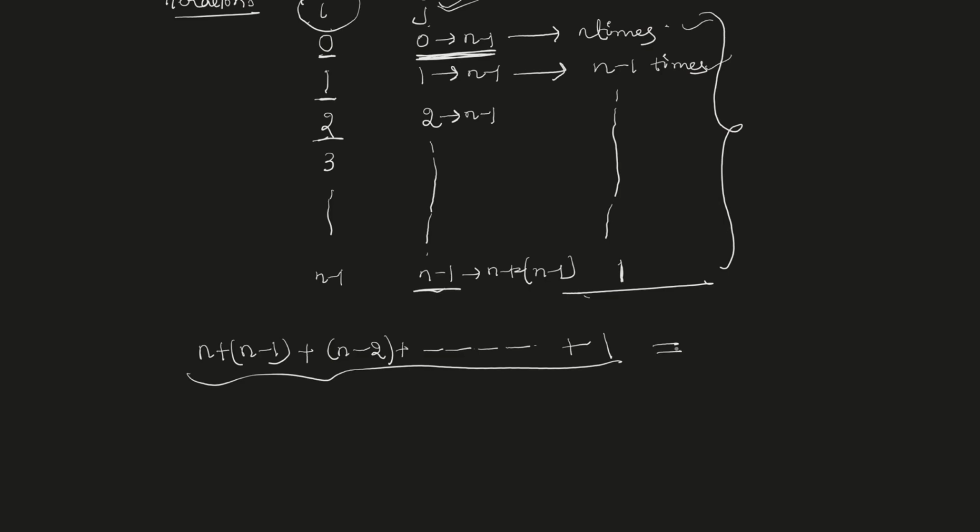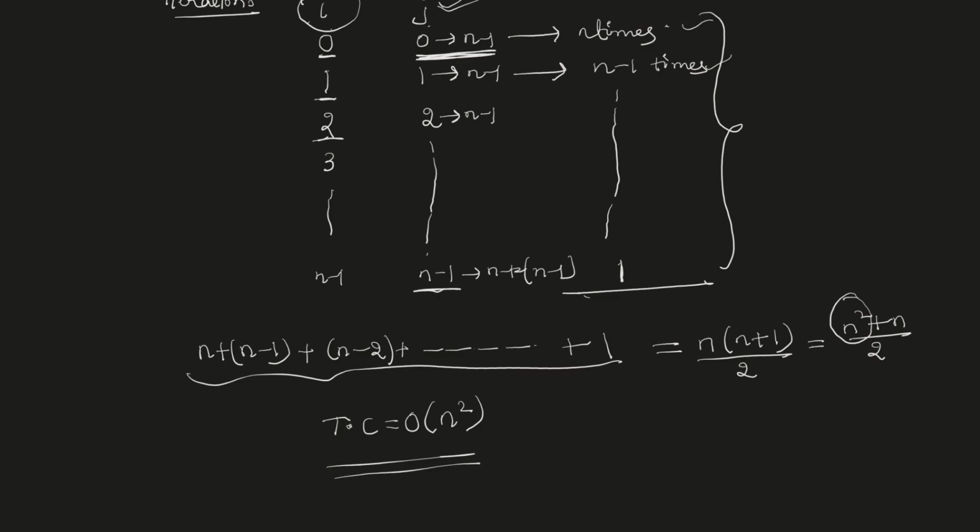And we are familiar with the formula, that is n into n plus 1 by 2. It comes out to be n square plus n by 2. Since we need to consider the highest power, so the highest power is 2 obviously. So the time complexity now would become order of n square. This is the final answer.